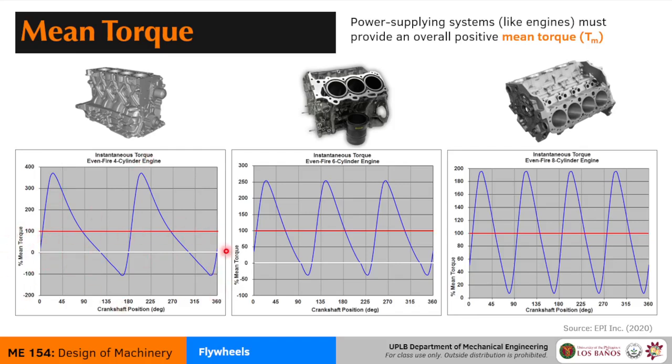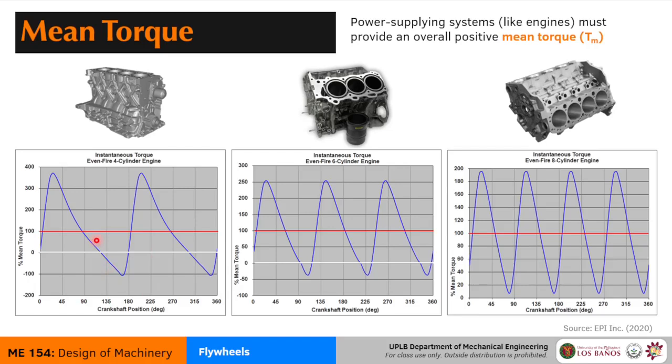What you notice here is that the y axis is not absolute torque, but rather percent mean torque. For the I4, you have a very wild fluctuation from 0 to almost 400% of the mean torque. And you also have negative values, negative 100% of the mean torque.